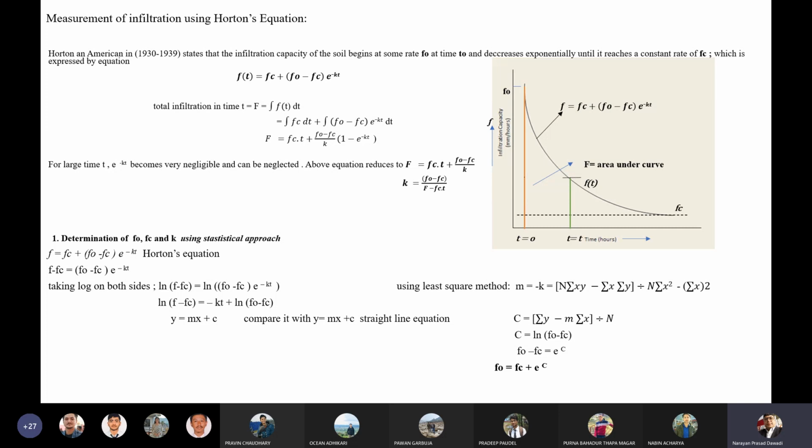In this way, we can find the values of f0, fc and k using Horton's equation, by converting it to the equation of a straight line, and after converting, the parameters can be solved by using the least square method.